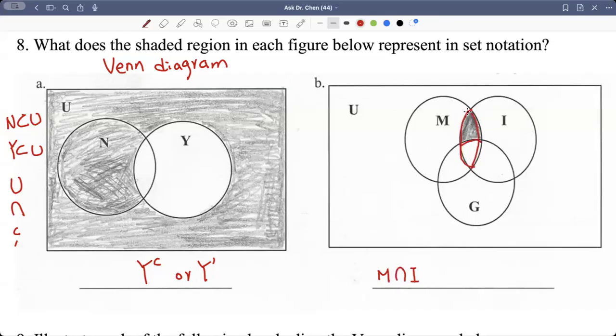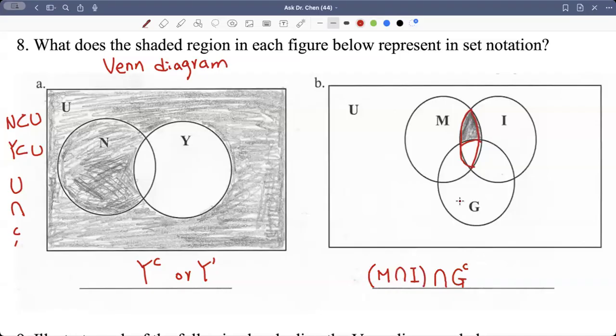So what is this part? Regarding G, that's an intersect. First we put a parenthesis, M intersection I, then intersect with G prime, G complement. We read G prime as G apostrophe.